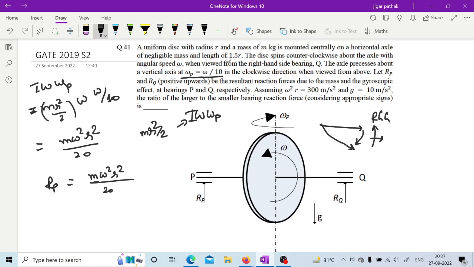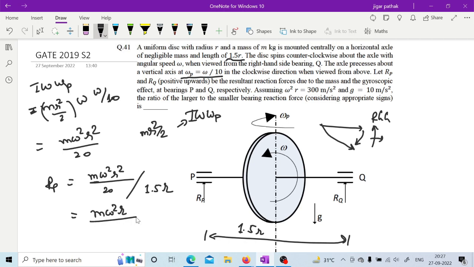It is mentioned, right? This distance is given as 1.5 r. So you have to divide this by 1.5 r. So if you do this, you will have this m omega square r divided by 30, right?